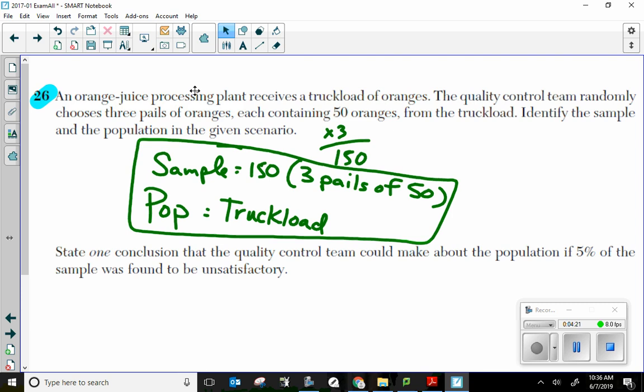The next thing says, state 1 conclusion. There are many, but they want you to state 1, that the quality control team could make about the population if 5% of the sample was unsatisfactory.